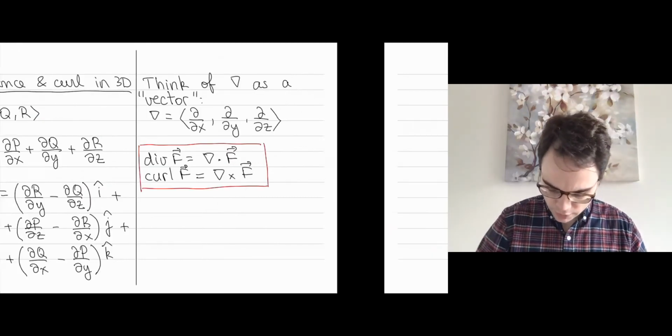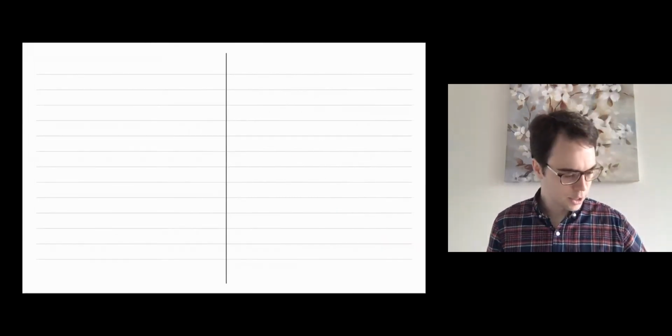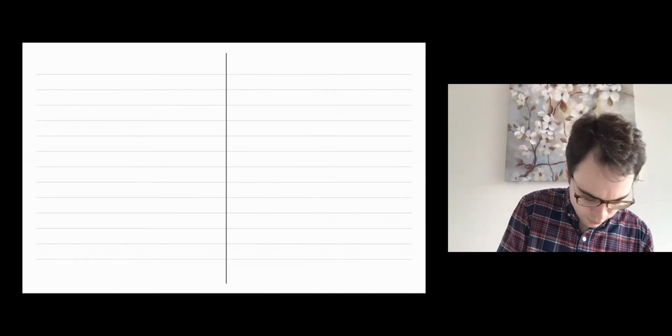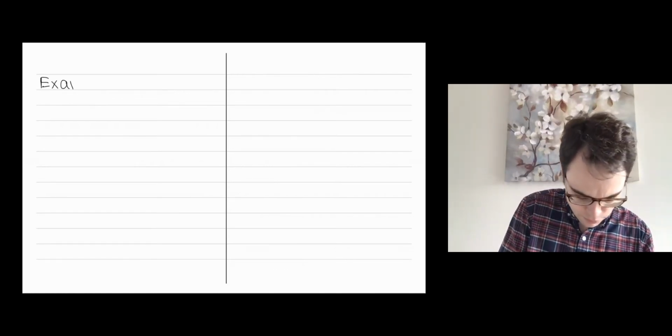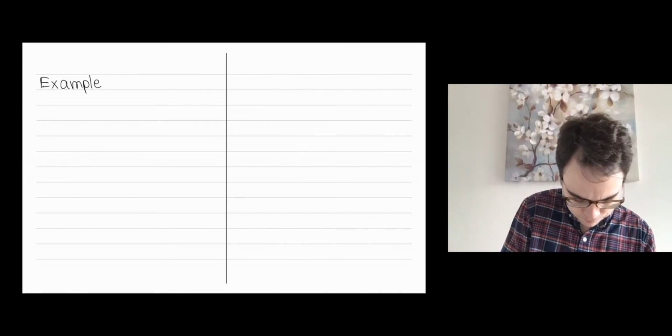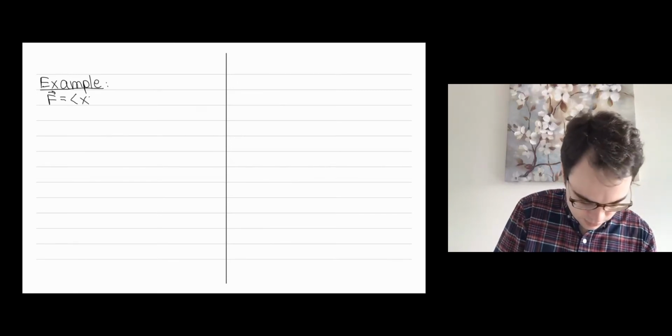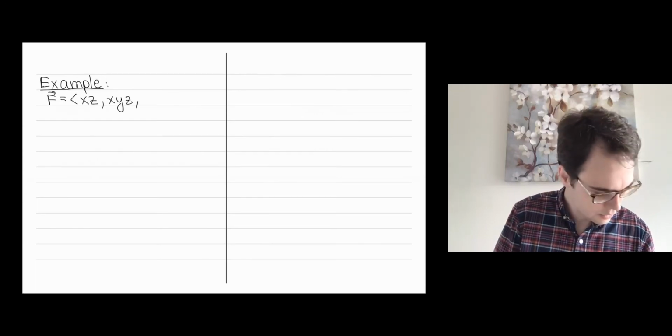Let's do an example: let's compute the curl for a vector field, so we know there is nothing to be scared of here. Okay, so we have a vector field, and the components are xz, xyz, and minus y squared.